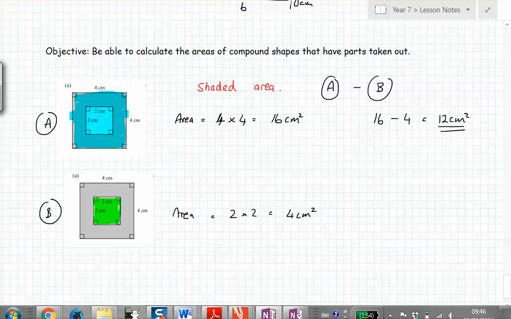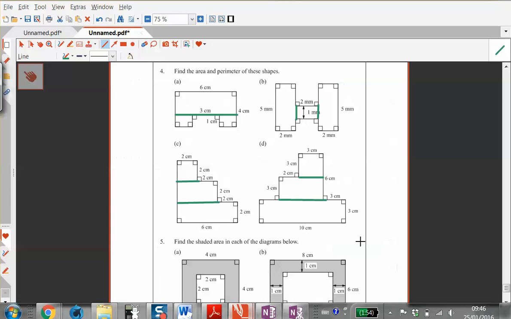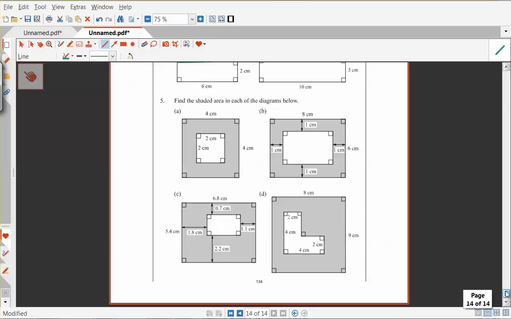Now, obviously, that's quite a simple one, but when you get to the harder ones, nothing changes. For instance, this one, you've got decimals to work with, but actually, we still just do the big one, subtract the small one.